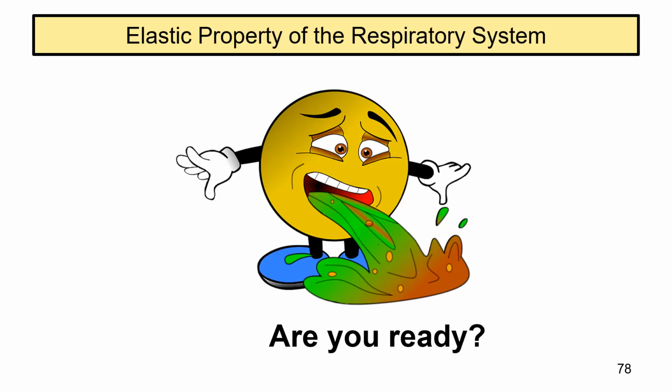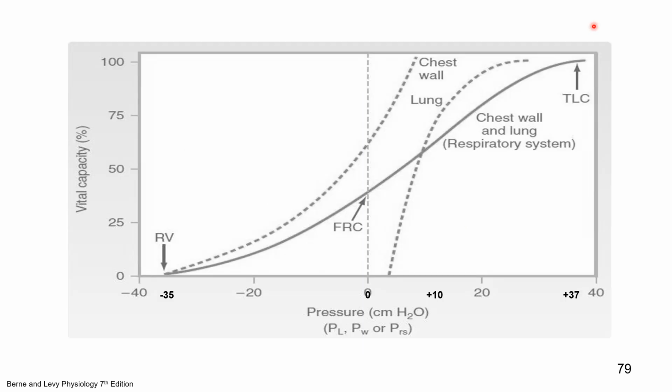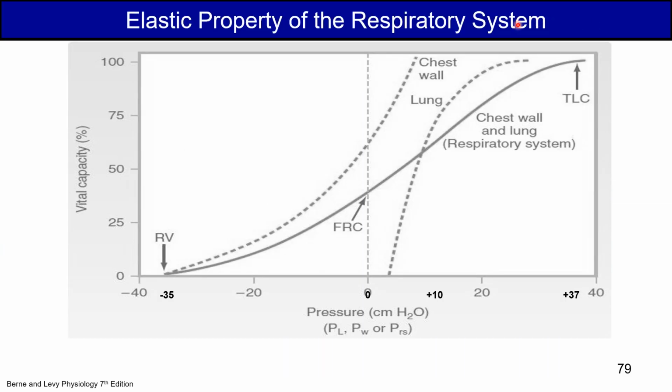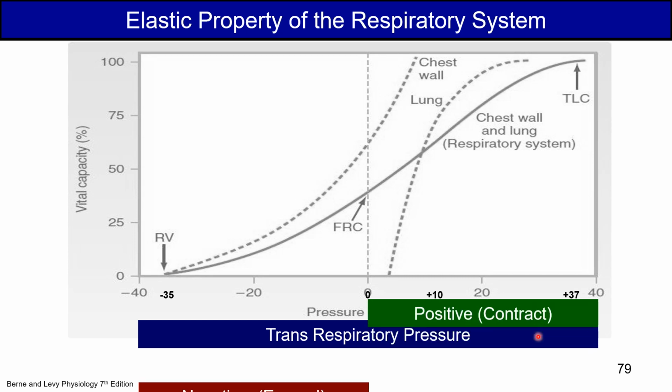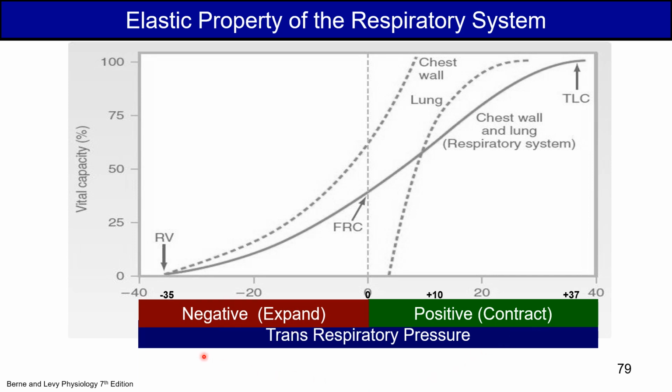Now, from a nosebleed topic, let us move to a topic which will make you vomit, and that is the elastic property of the respiratory system. Now, the x-axis will be your transrespiratory pressure. Again, if it is positive, the respiratory system has an elastic tendency to contract, while if it is negative, it has an elastic tendency to expand.